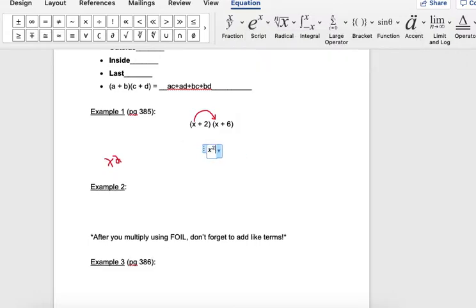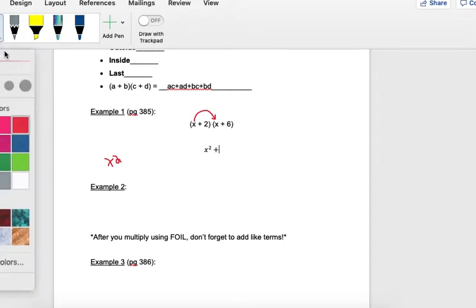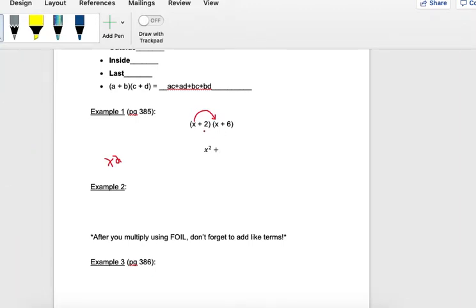X squared plus, okay, let me go back to my pen. Okay, I'll pick a different color here. And then our outside. Okay, so that we have x times 6. Go back to our equation.